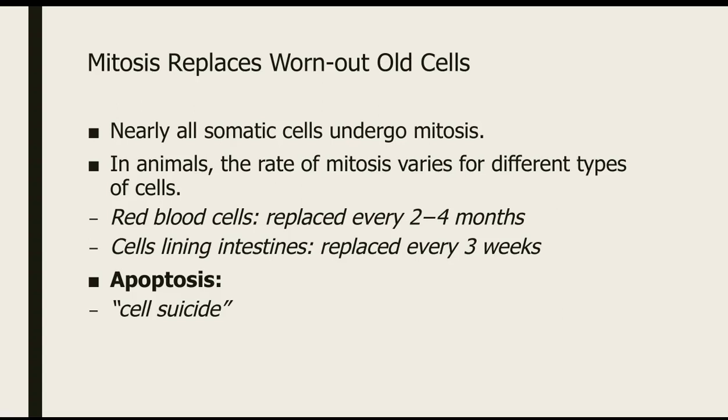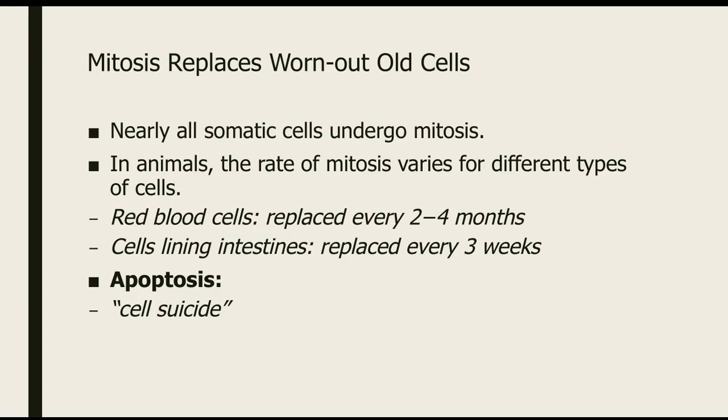You'll have a complete turnover of red blood cells. But the cells lining your intestines are exposed to all kinds of roughness and maybe toxins, and so they're replaced much, much more frequently, every 3 weeks or so. So, replacing worn out cells.